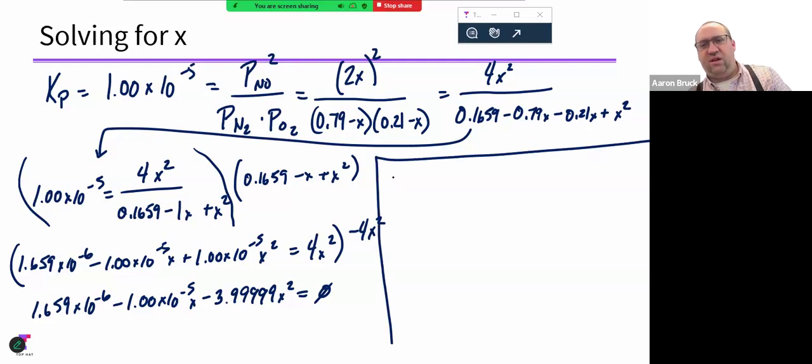Quadratic equation, x is equal to minus b plus or minus the square root of b squared minus 4ac, all divided by 2a.